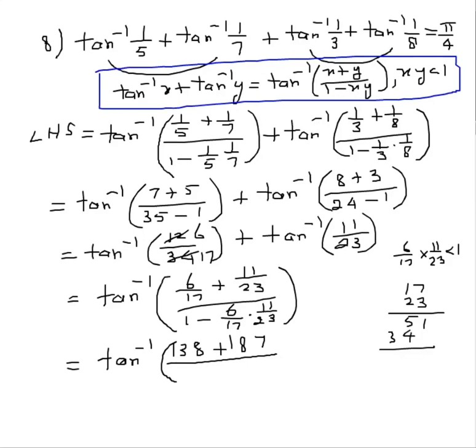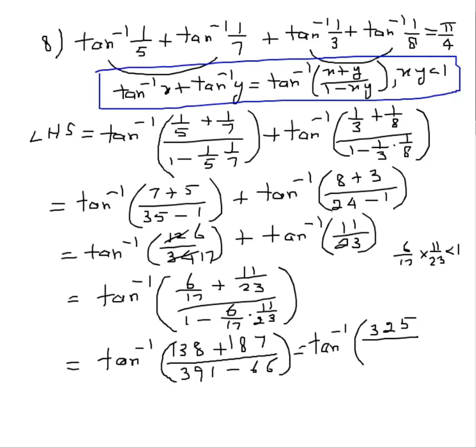It is 193 minus 66. Tan inverse of, let us add, 325 divided by 325.